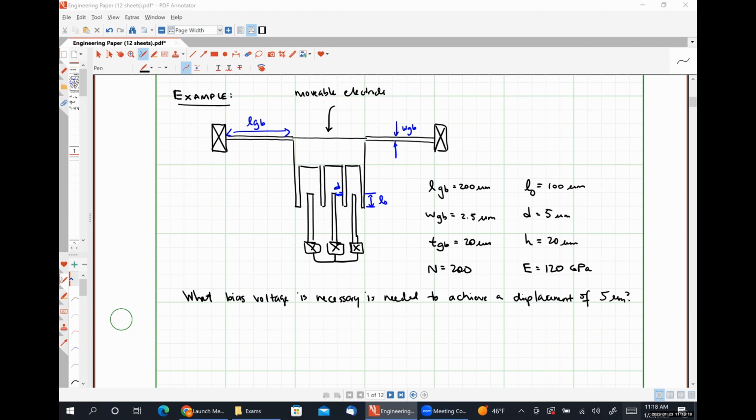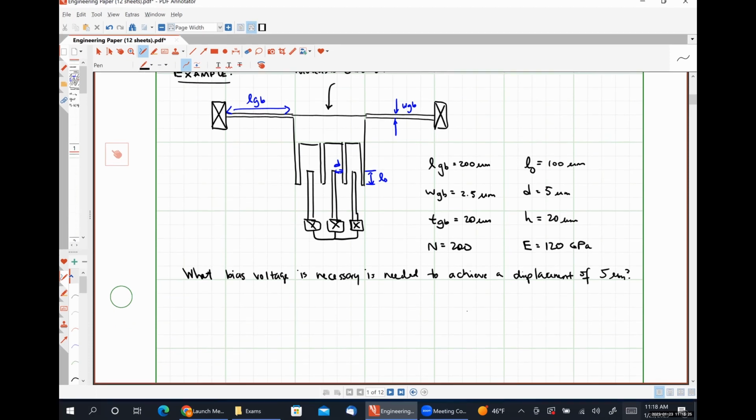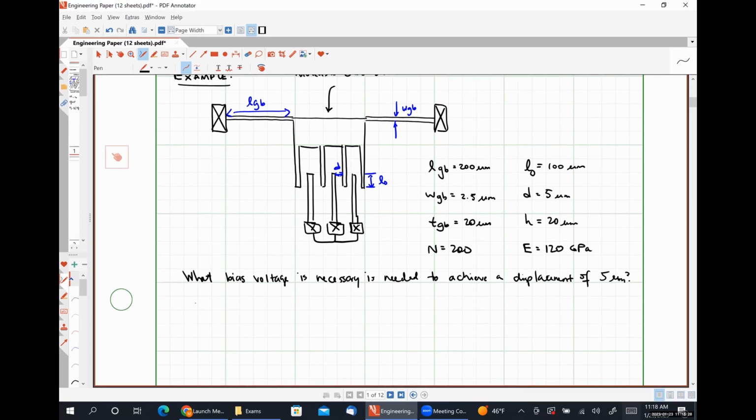All right, since nobody's biting, we've only really introduced a single equation here. So we know that our electrostatic force Fe is epsilon NH over 2D times the square of our bias voltage.